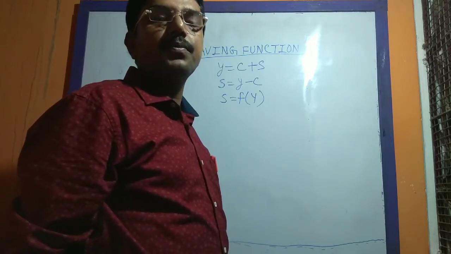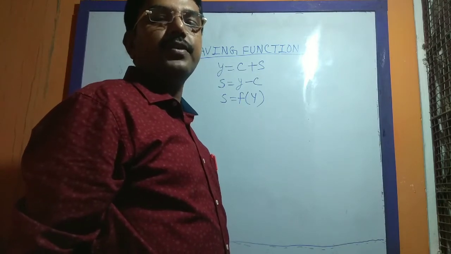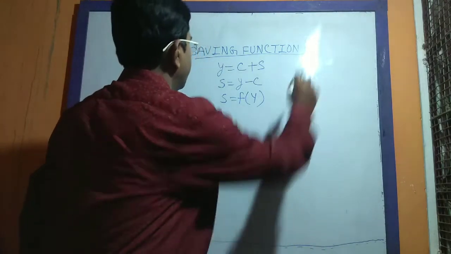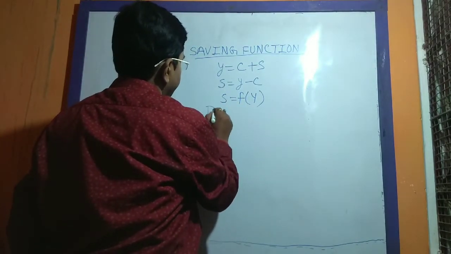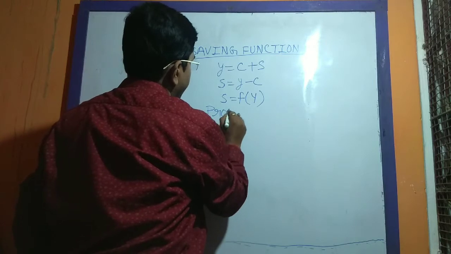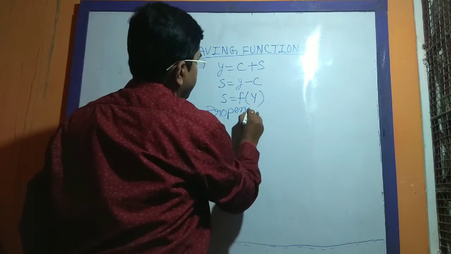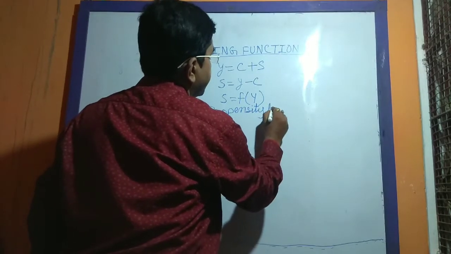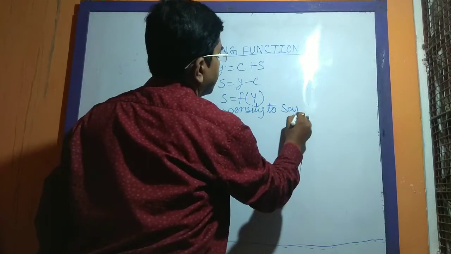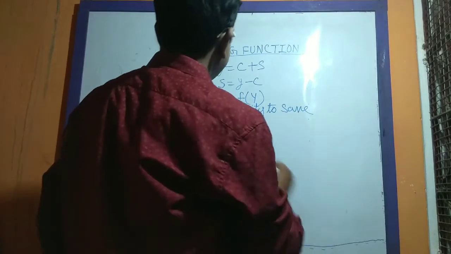There are two types of propensity to save, or you can say saving function.